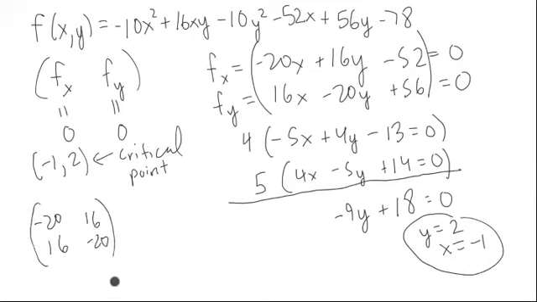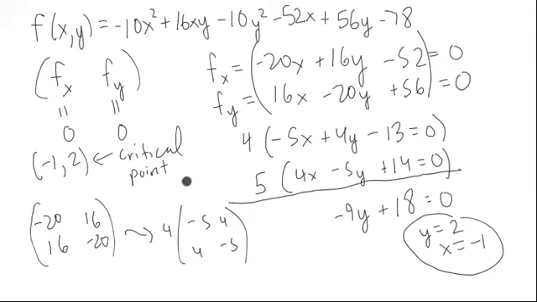Now for sake of ease, why don't we just factor out a 4 out of the whole matrix here? So we get 4 times negative 5, 4, 4, negative 5.